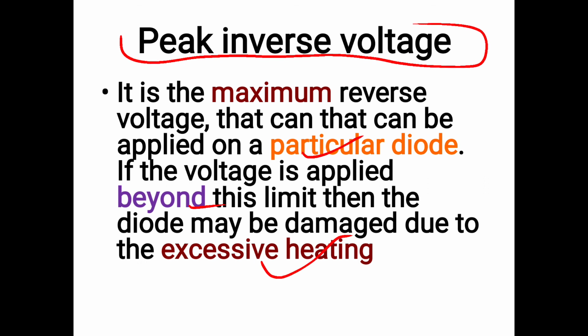So you can say that peak inverse voltage is the maximum negative potential up to which we can apply the negative potential. If we apply the negative potential beyond this limit, then the diode is going to be damaged because of the excessive heating and more collisions of the electrons. So the diode will lose its characteristic.